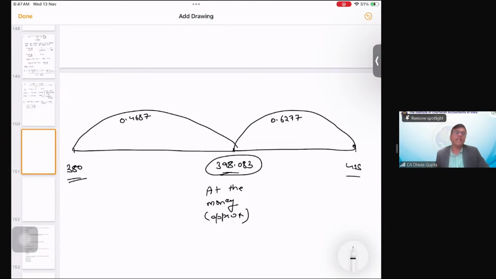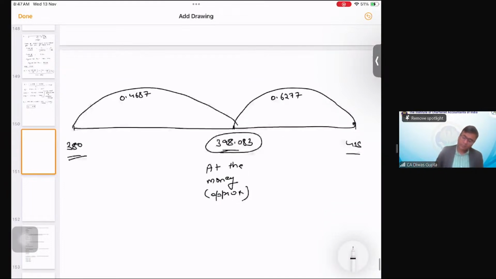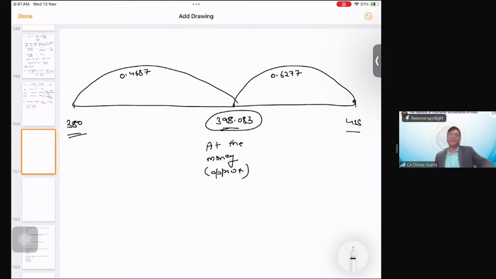Similarly, from 380 to 398, it is 0.4687. And what I'm trying to tell here is that 398 roughly represents at the money, 380 is out of the money, and 415 is in the money. These are the three different situations.